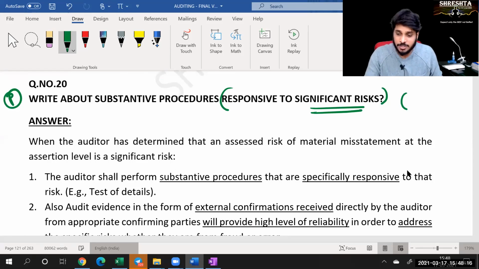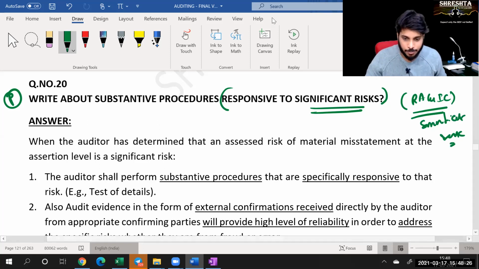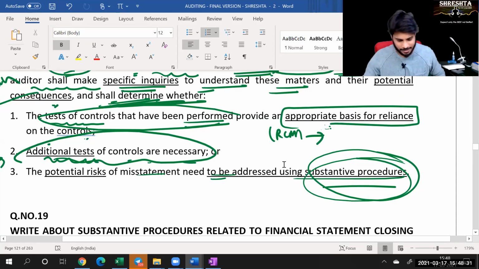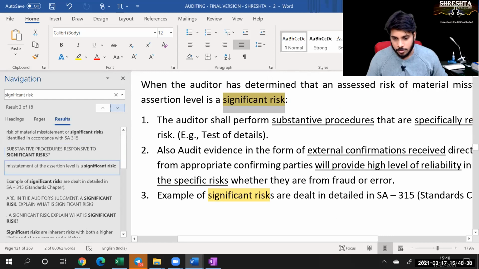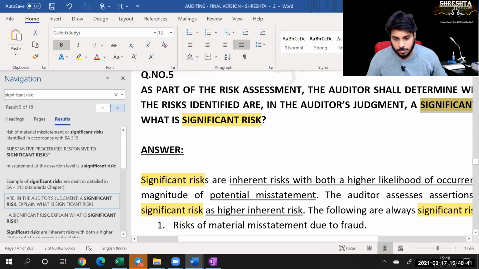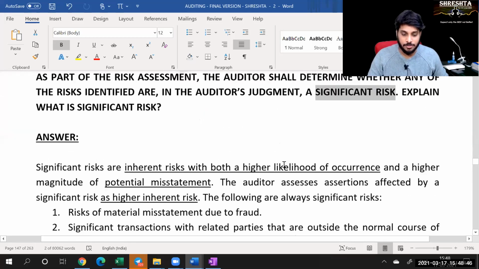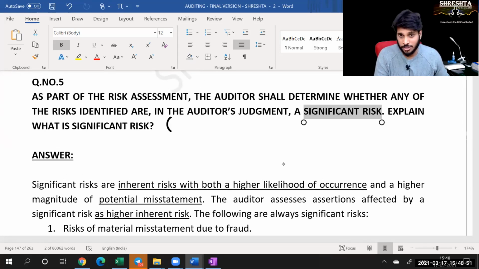You remind me when I'm explaining risk assessment and internal control, where I will be talking about the significant risk discussion. It is question number 5 in the risk assessment chapter. Here I need to discuss substantive procedures also.